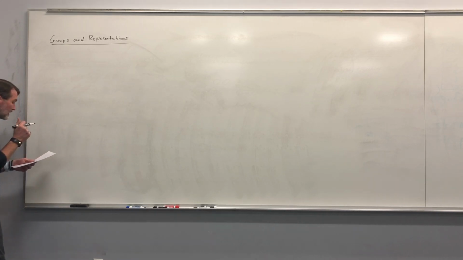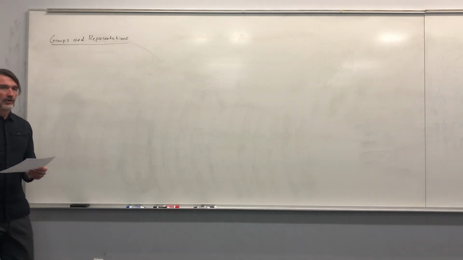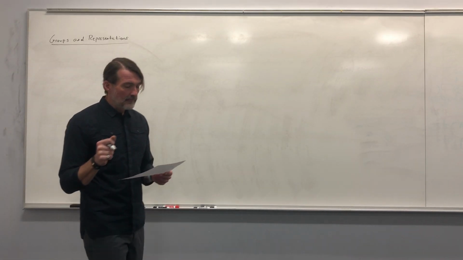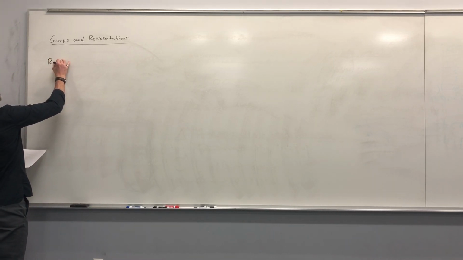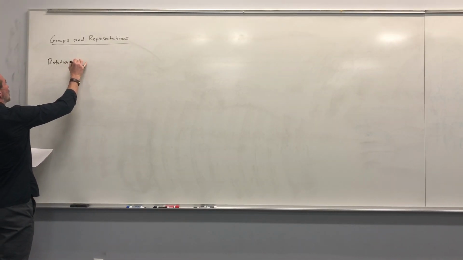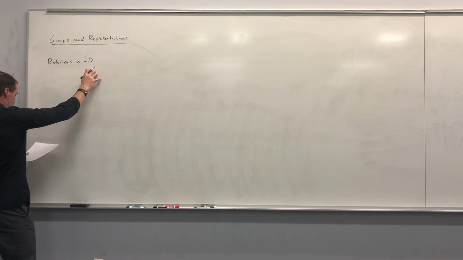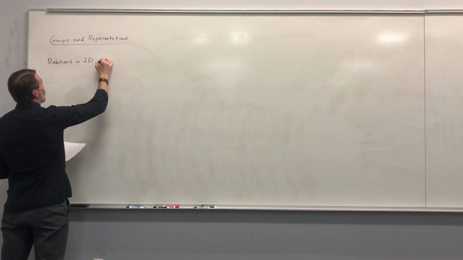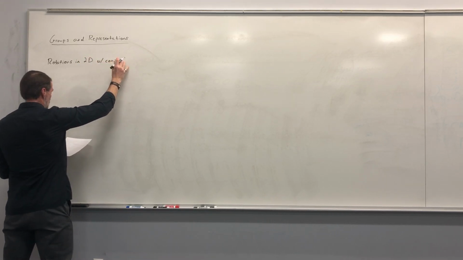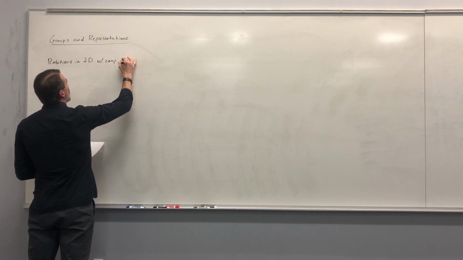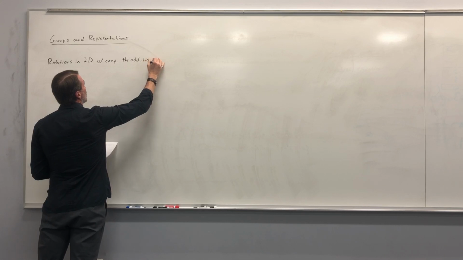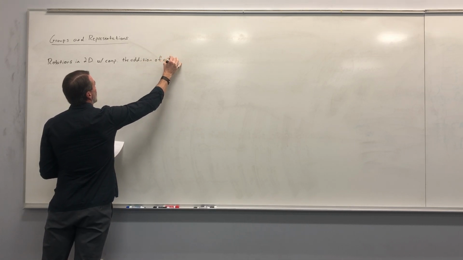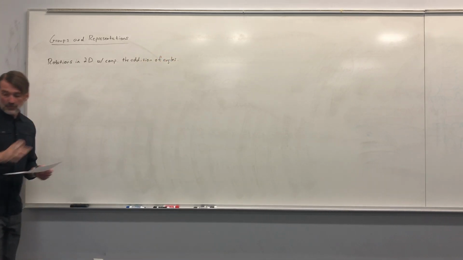we can abstractly define a group. For example, I can abstractly define a group where I say rotations in 2D with composition, the addition of angles. Now, what do I mean by that?